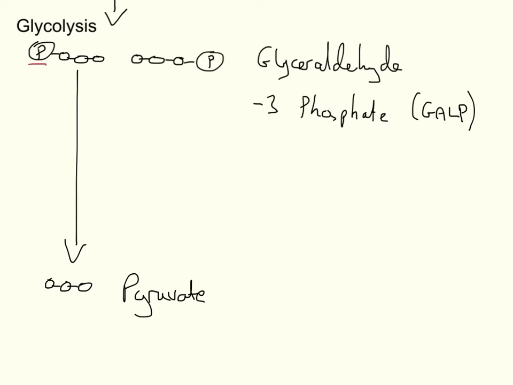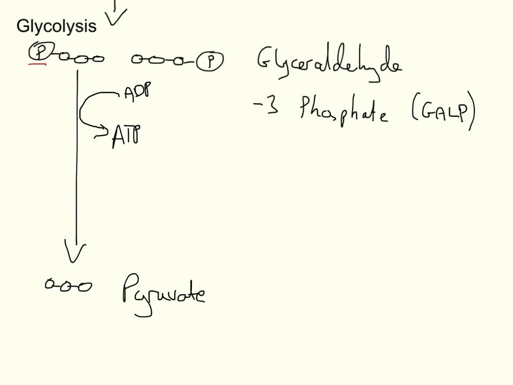There's no phosphate group left. So a phosphate must go somewhere. Okay, and in this case we get the production of 1 ATP molecule from 1 ADP molecule. This is just 1 molecule of glyceraldehyde 3-phosphate that we're going to deal with. So 1 ADP is converted into ATP.